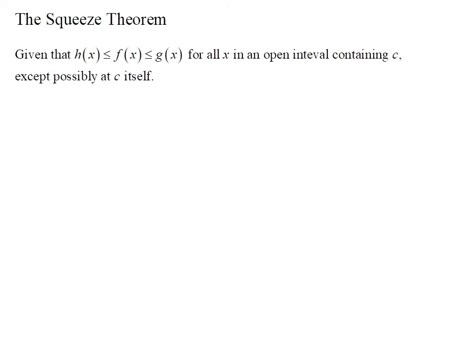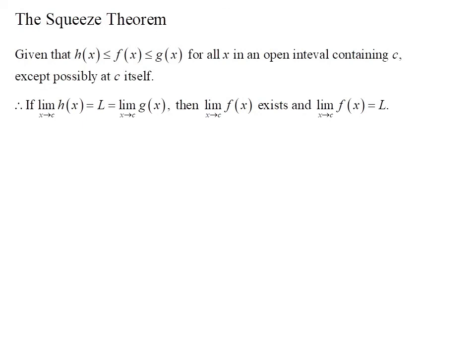The theorem states that if h of x is less than or equal to f of x, which is also less than or equal to g of x for all x in an open interval containing c, except possibly at c itself, and if the limit of h of x as x approaches c equals the limit of g of x as x approaches c, which equals a constant L, then the limit of f of x as x approaches c exists, and it equals L.